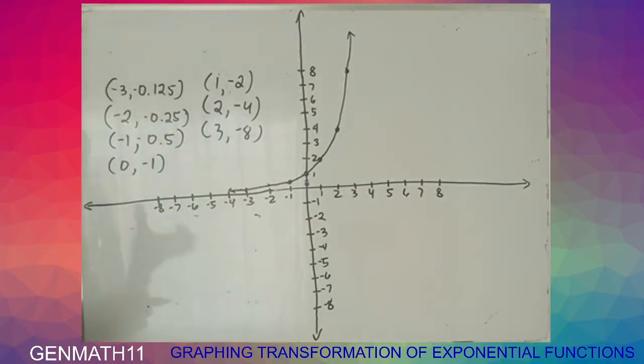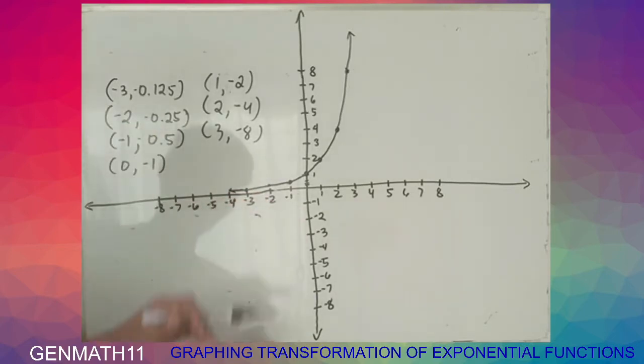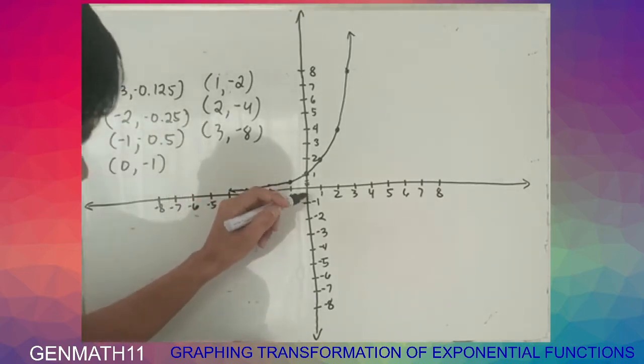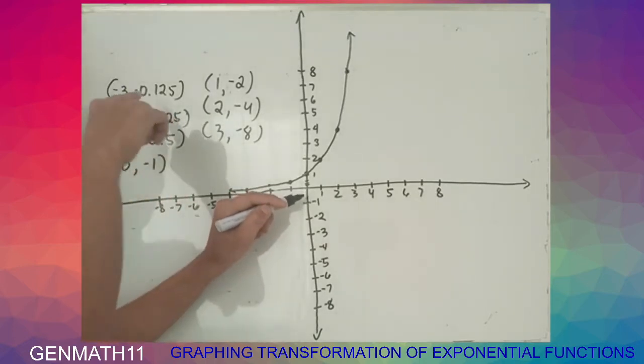Sabi ko nga sa inyo kanina, kapag ang ating base natin is negative, sa baba yung reflection niya. Okay? Maghati-hati ulit tayo, lagyan natin division para makita natin kung saan tatapat itong si negative 0.125.